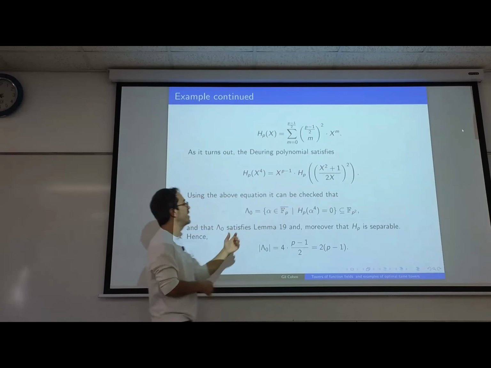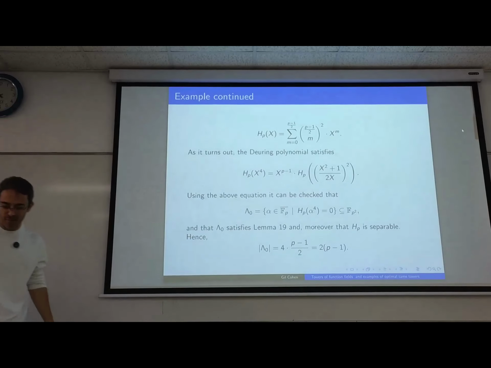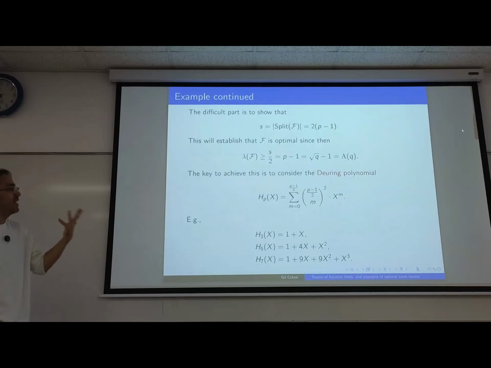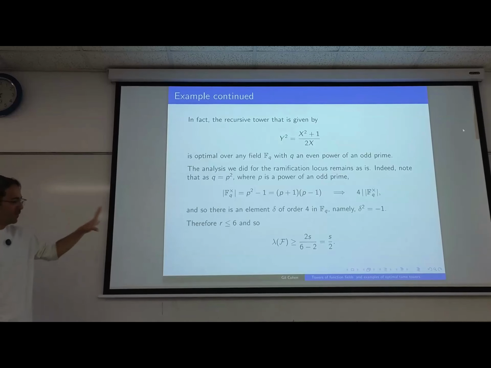From here, there is a very easy way to derive lambda 0 and lambda afterwards, and that's the thing I'm not talking about today. But what we have done, besides some proofs omitted, is prove that this is indeed an optimal tower of function fields, which will give you optimal codes in the AG code sense.